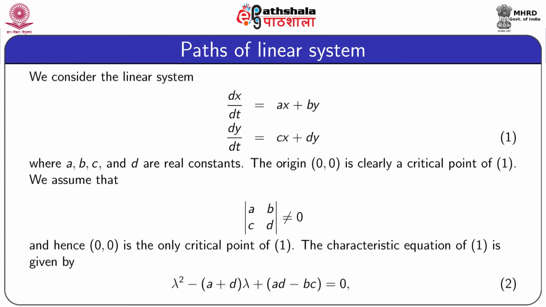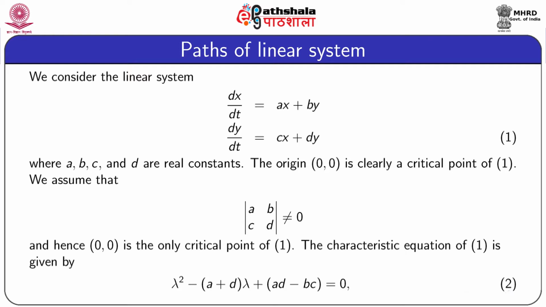The characteristic equation of 1 is obtained from the equation determinant of (A - λI) = 0, and if you do that, you will get the determinant |a - λ b; c d - λ| = 0.